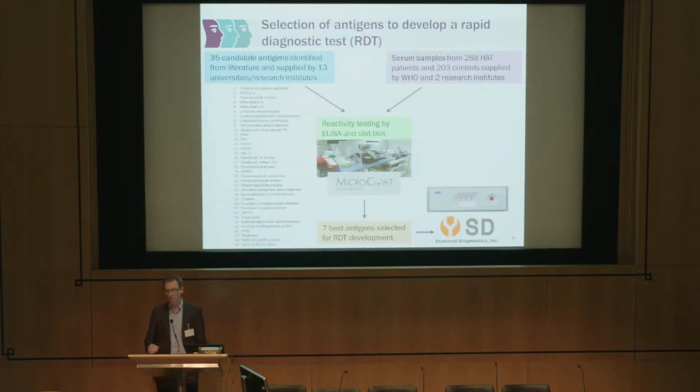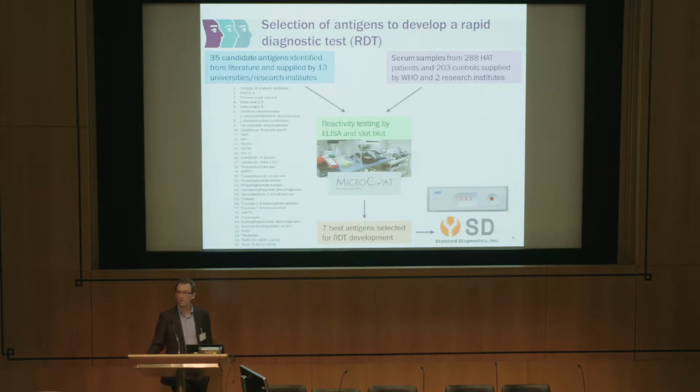So, considering all these challenges, FIND started a project about 10 years ago to try and develop a rapid diagnostic test for HAT. We did that by trying to involve and consider as many potential antigens as possible. We screened the literature and were able to obtain 35 different antigens from 13 research institutes and universities.